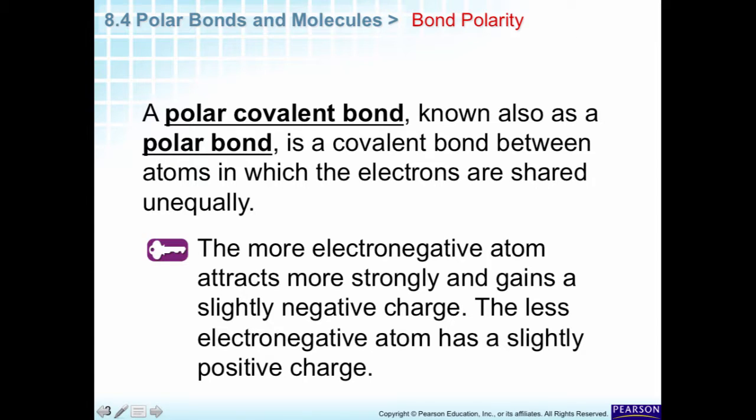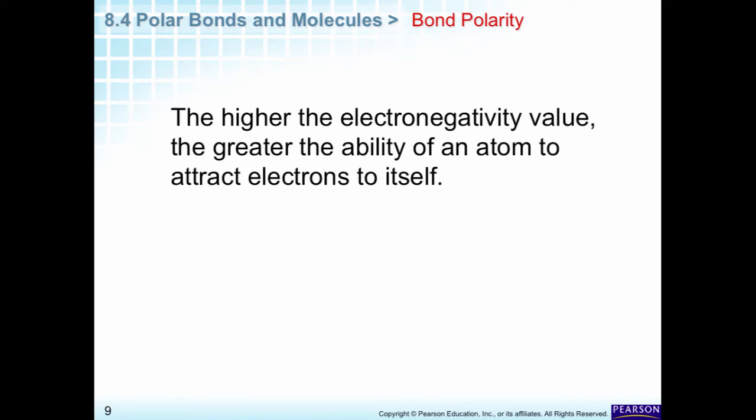The more electronegative atom attracts more strongly and gains a slightly negative charge. It doesn't gain a full negative charge, it gains kind of a negative charge. The less electronegative atom would be a little bit more positive. I always used to see, if you know who Donny and Marie were, which was a long time ago, they used to sing a song, I'm a little bit country and I'm a little bit rock and roll. Well, I kind of say I'm a little bit positive and I'm a little bit negative.